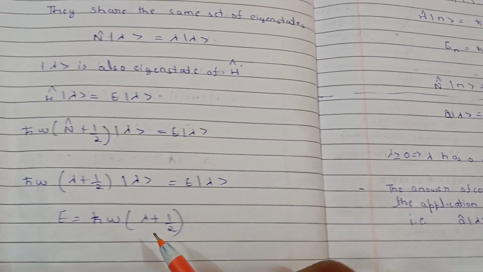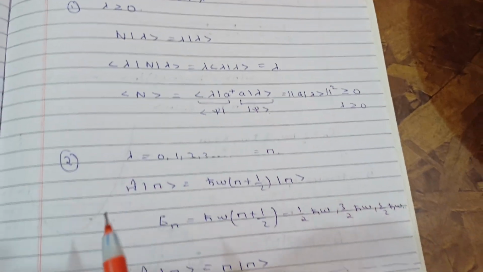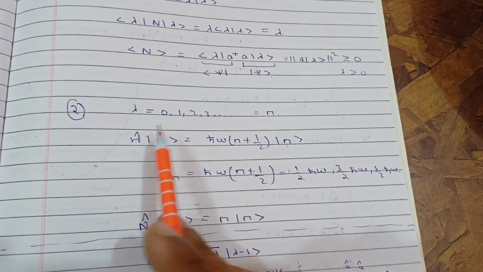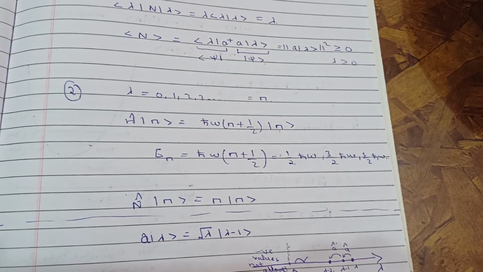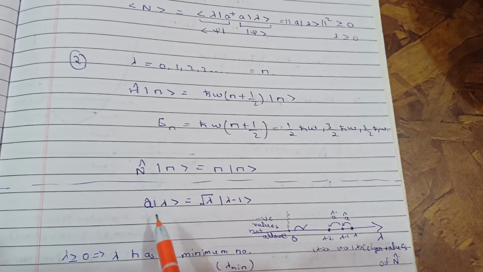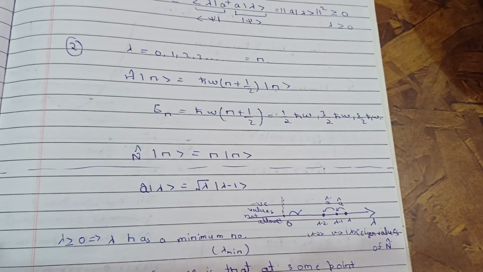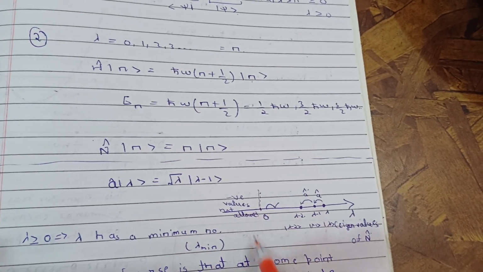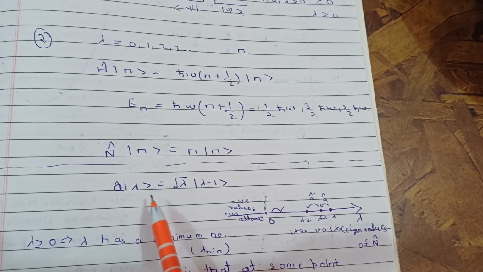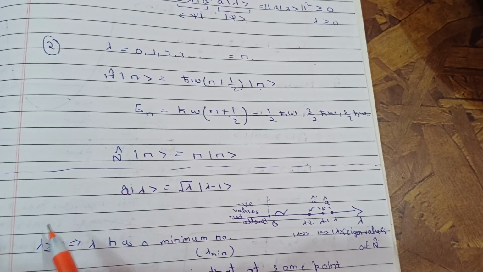But before that we were discussing that lambda can take only positive values. So I already proved that. Then we discussed that lambda can take only integer values. So let's see what the proof of this is. When there is this lowering operator, we know a will operate on lambda and it will go to lambda minus 1. So if we plot this, there is lambda on this axis, and if there is any other value of lambda, it must collapse somewhere because it can't be negative.